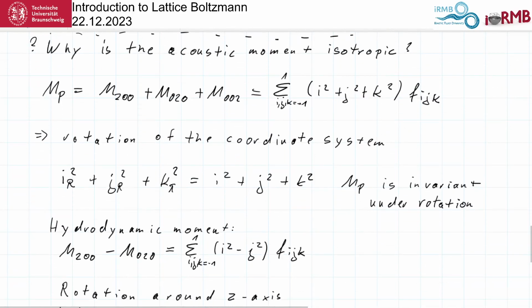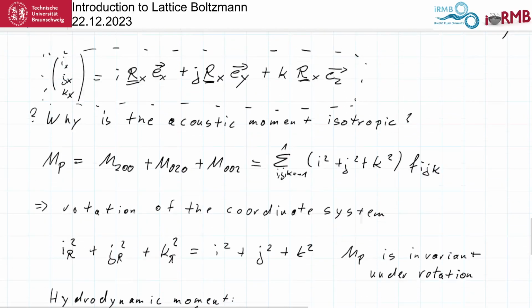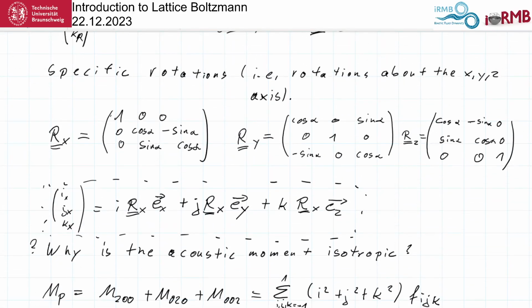Similarly for j, you multiply this matrix with the vector 0, 1, 0.